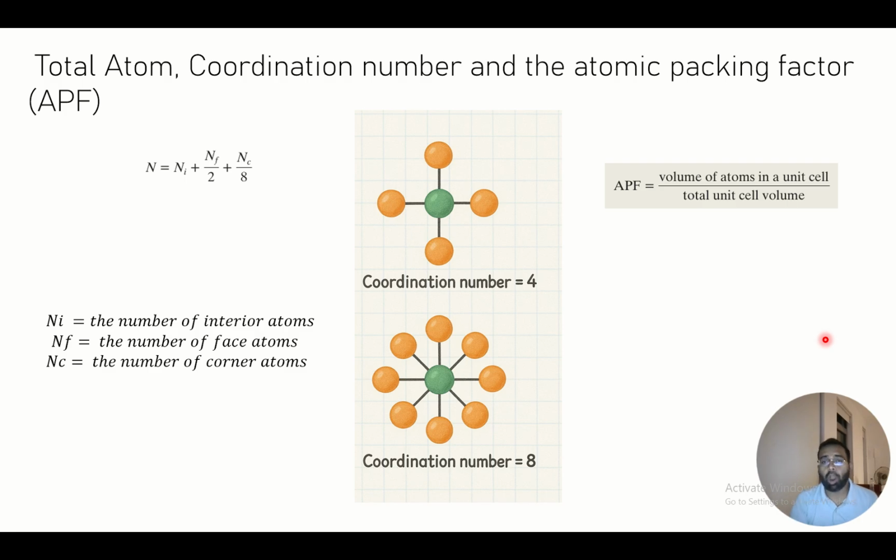So how much percentage of the unit cell volume is occupied inside that unit cell, we need to calculate that. We call it the atomic packing factor. So the atoms are packed densely, or you can say they are close packed.